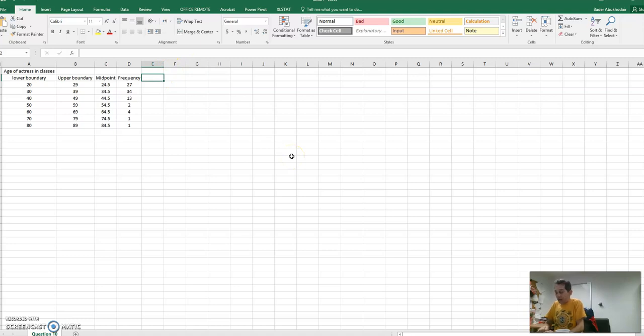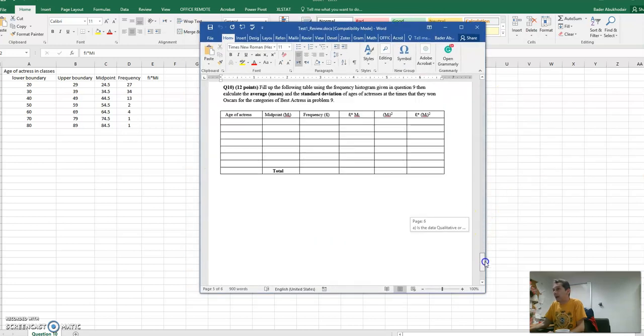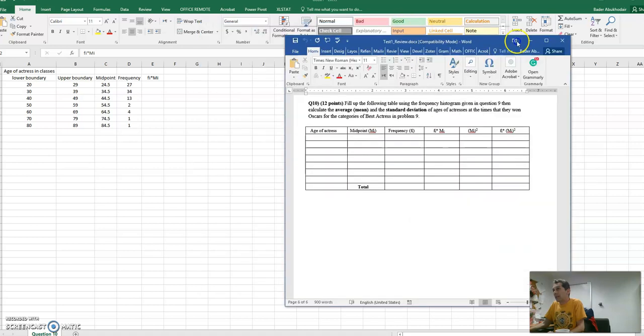To find the average, you need to multiply frequency by the midpoint. So the frequency, that's what I wrote on the table, Fi, multiplied by the midpoint, Mi. So the Fi multiplied by the Mi. And that's what I wrote in the table over here, if you notice. I wrote for you the Fi multiplied by Mi, which is the frequency by the midpoint.